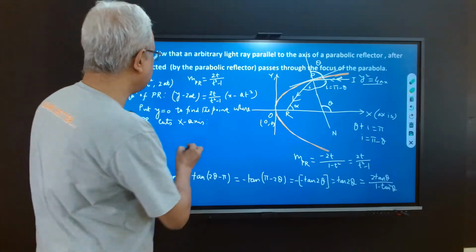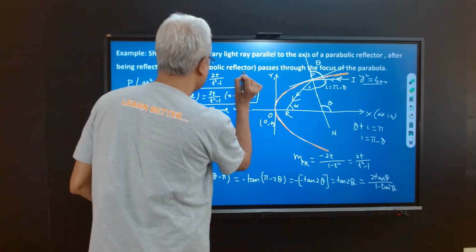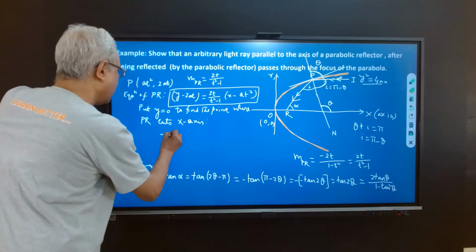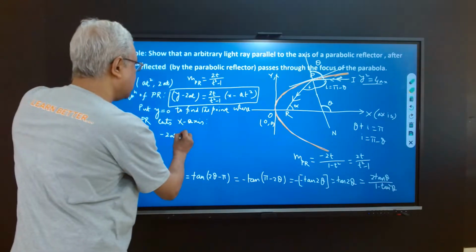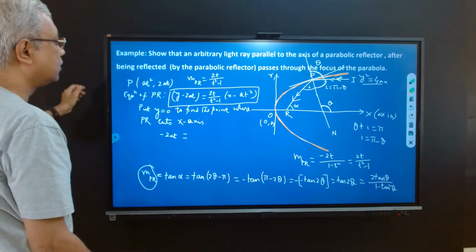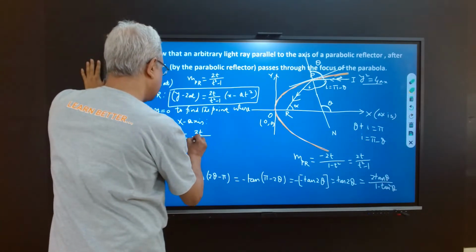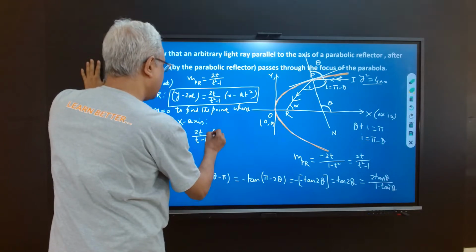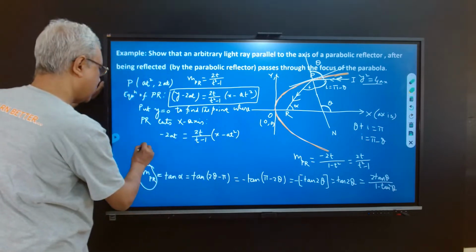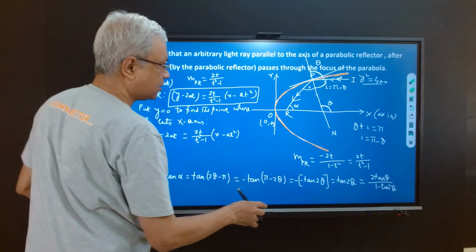Put y equal to 0 in this equation. So minus 2at equals 2t times x minus at square, divided by t square minus 1, sorry, this is multiplied by t square minus 1.